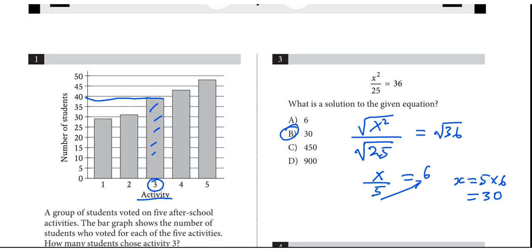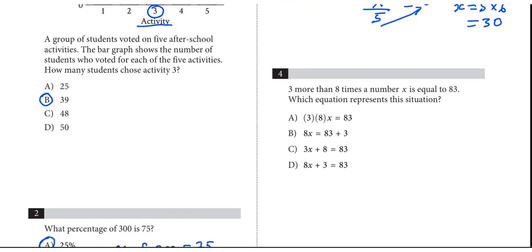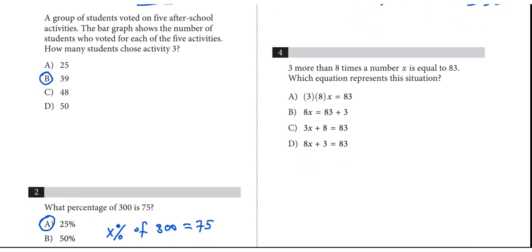All right, so let's go to question 4. 3 more than 8 times a number x is equal to 83. Which equation represents this situation? So 3 more than 8 times x.